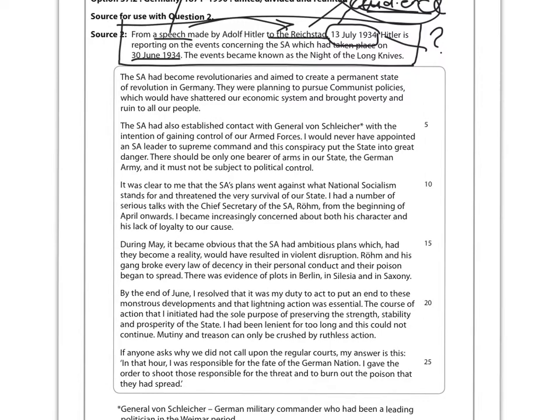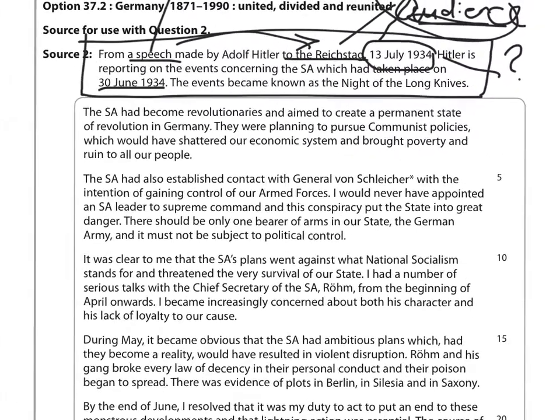Now, the first line of inquiry is, how valuable is the source for revealing the perceived threat of the SA? You want to look for different points. I'm going to use blue for this: the perceived threat of the SA. So straight away, one of the reasons the SA were apparently a threat was because they wanted to create a permanent state of revolution in Germany.